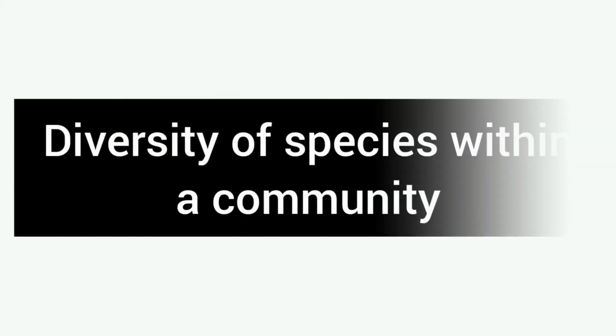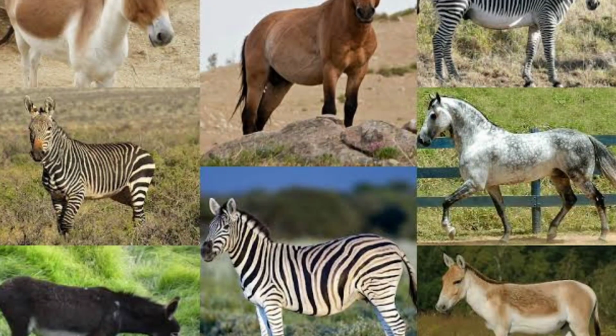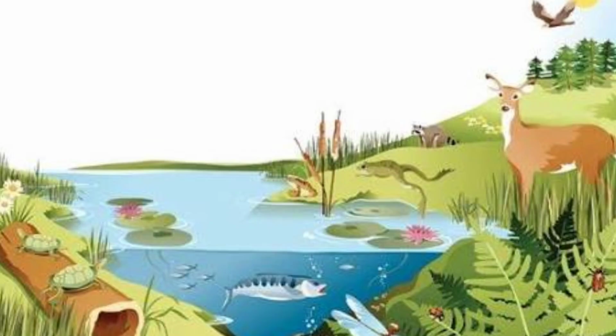Now, diversity of species within a community represents varieties of different species belonging to the same genera occupying a particular area or habitat. Now, ecosystem diversity is expressed in terms of various communities in different habitats of an ecosystem.